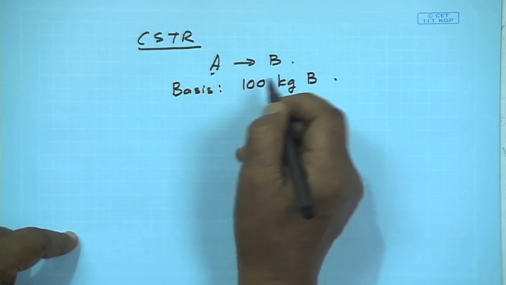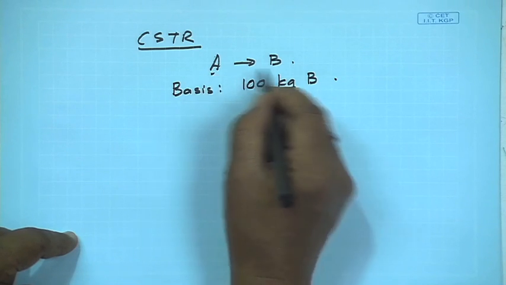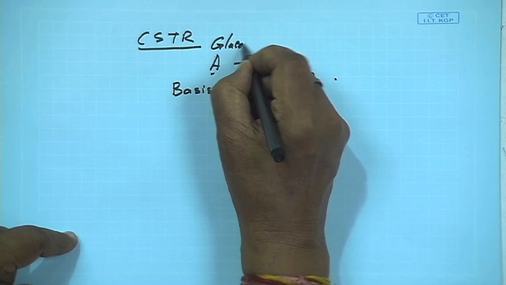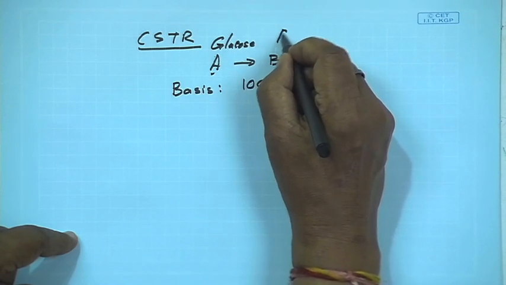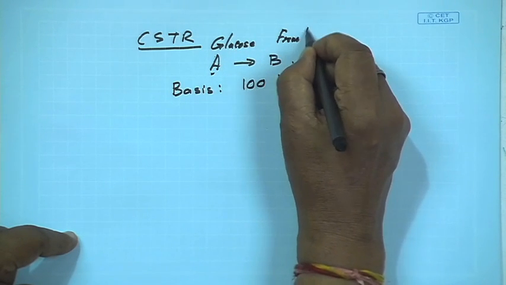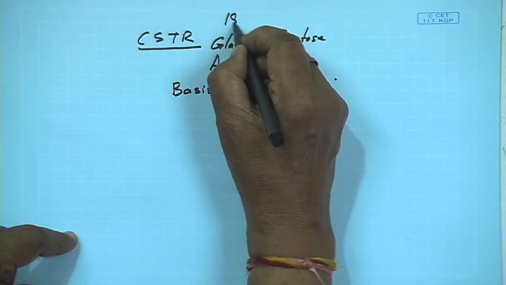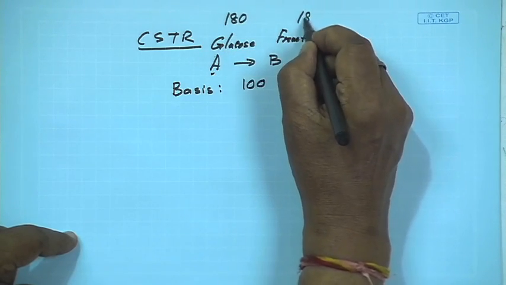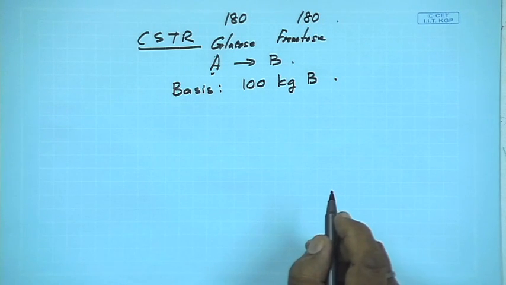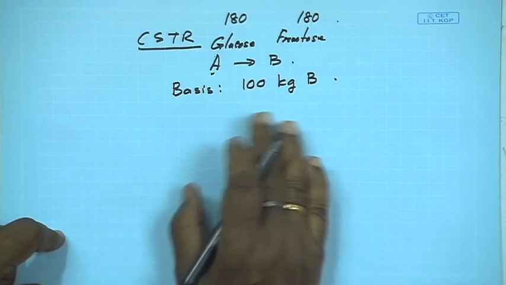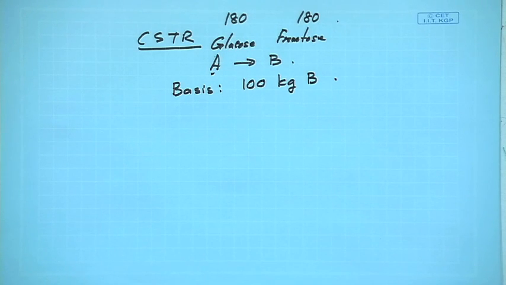Let us assume this is glucose converted to fructose. Now, why do we assume that? Here the molecular weight is 180, and here also you have 180. Am I right?